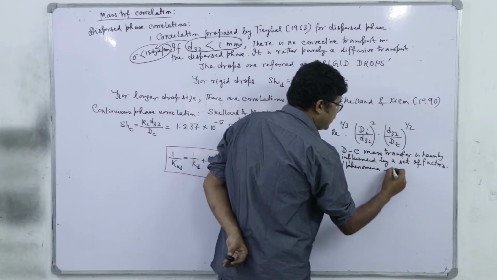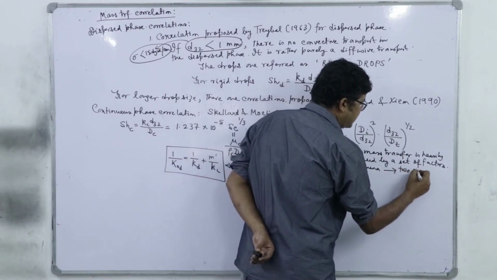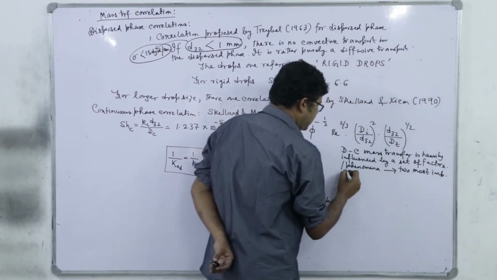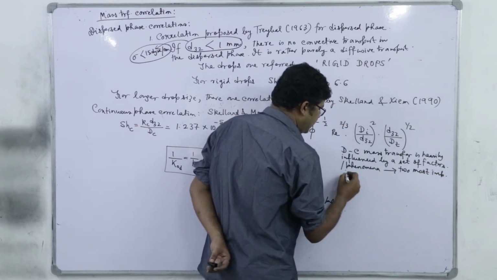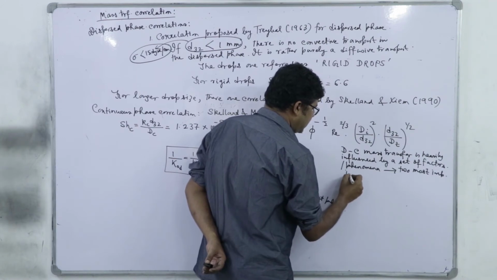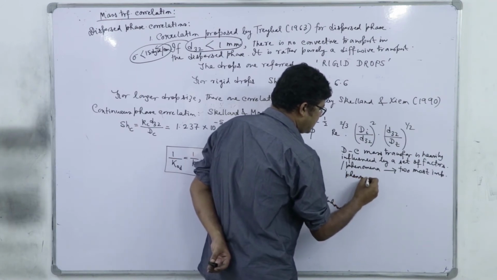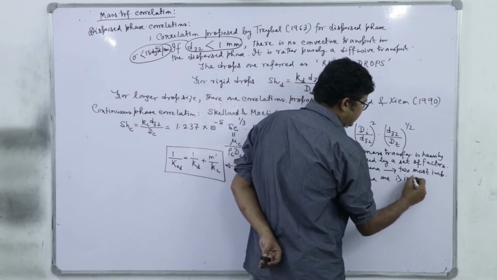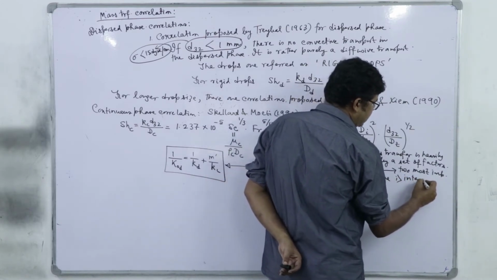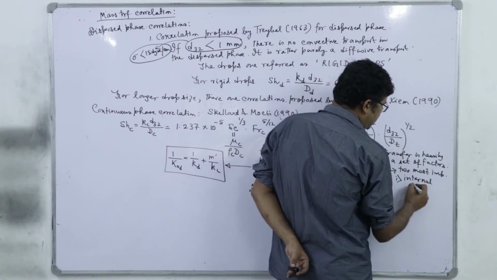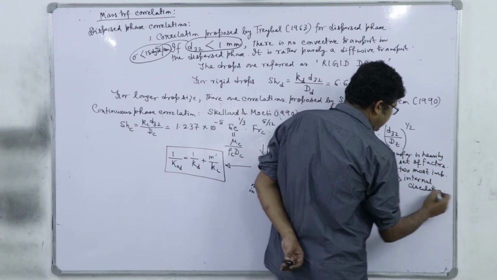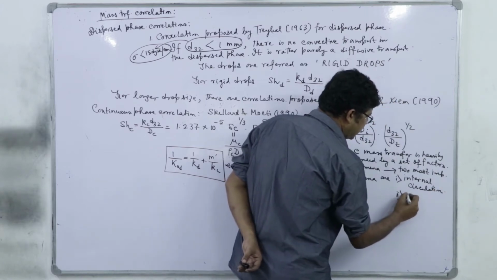The two most important phenomena are, number one, internal circulation, and number two, the Marangoni effect.